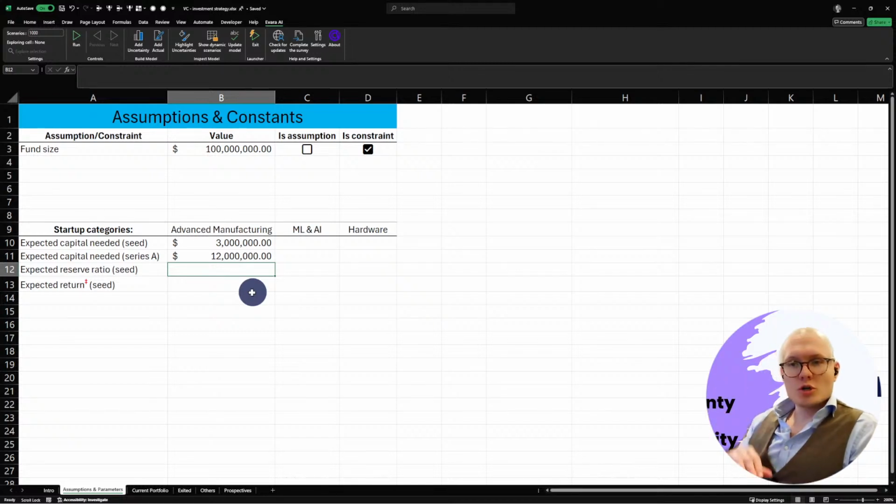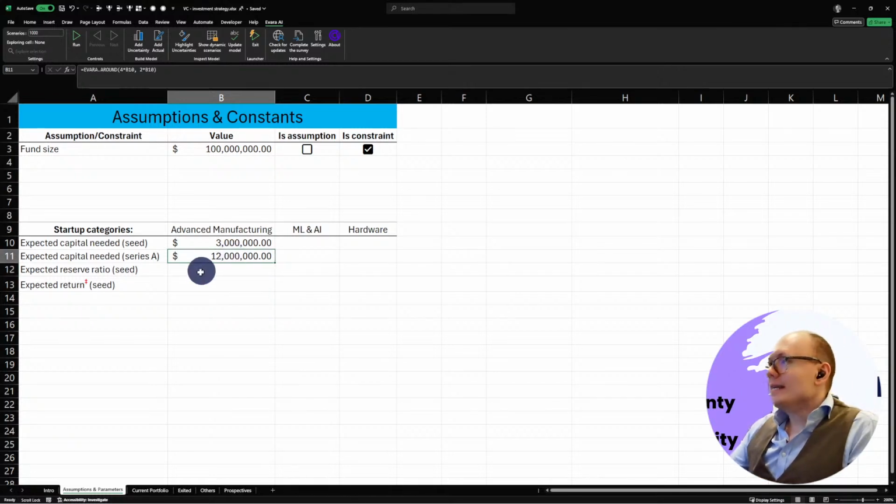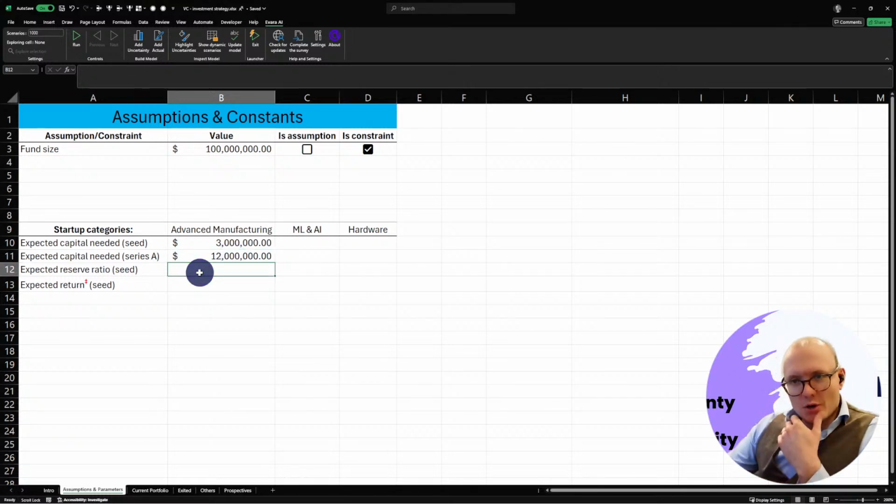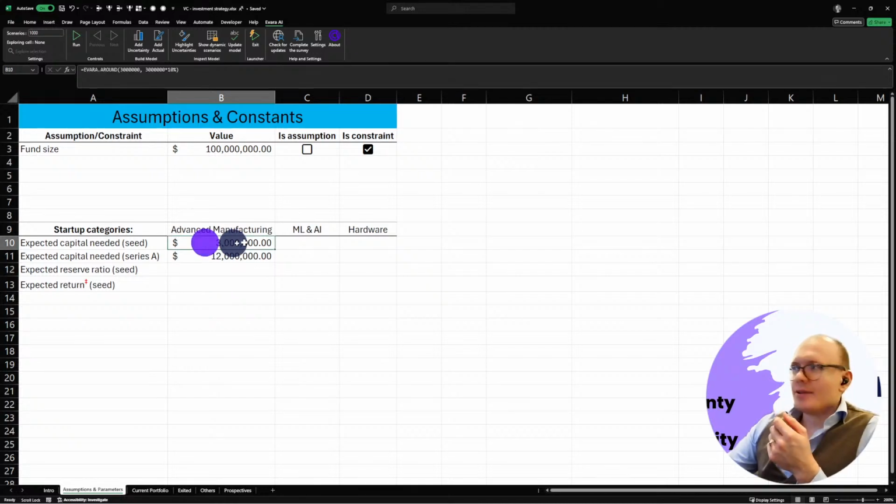How much of the new amount needed to be raised we want to take on, which is essentially independent from the capital needed here.